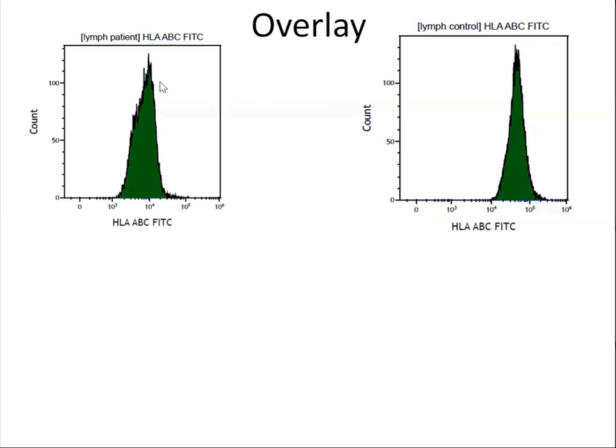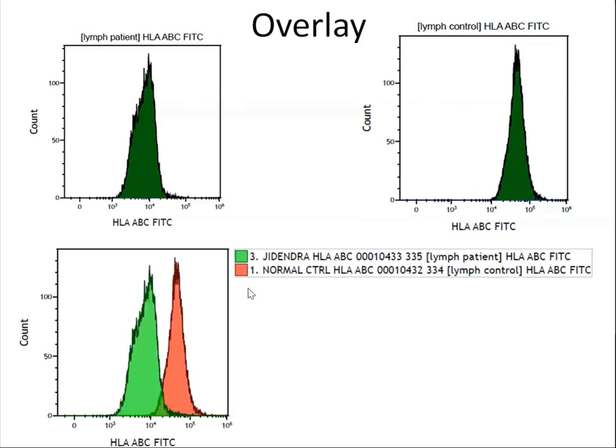Now I want to check whether the patient is showing adequate HLA-ABC as the control. So I want to check whether the intensity of HLA-ABC in lymphocytes in this patient is the same as that shown in the control. Now I can overlay these two histograms like this. This is called overlay. By overlaying, now I can see that the patient lymphocyte HLA-ABC expression is slightly lower compared to the control.